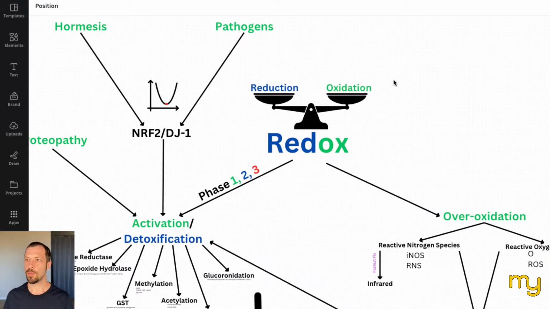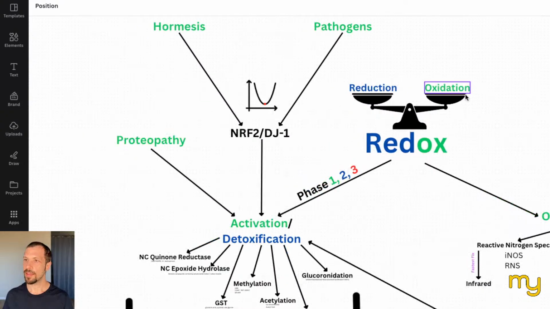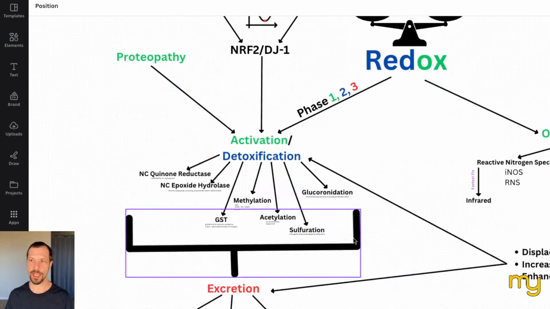Oxidation is the removal of electrons, not necessarily, but the addition of oxygen molecules. And in the body, it goes through activation and detoxification, which requires phase 1, phase 2, and phase 3. Phase 1 requires oxidation. Phase 2 requires reduction, and phase 3 will require excretion. We'll get to that in just a second.